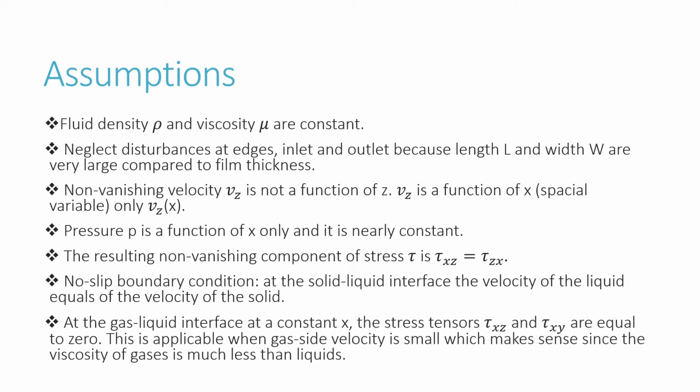The second is the gas-liquid interface at a constant x, where the stress tensors are equal to 0, the other ones, not xz. This is applicable when the gas side velocity is small. This makes sense because the viscosity of gases is much less than that of liquids.